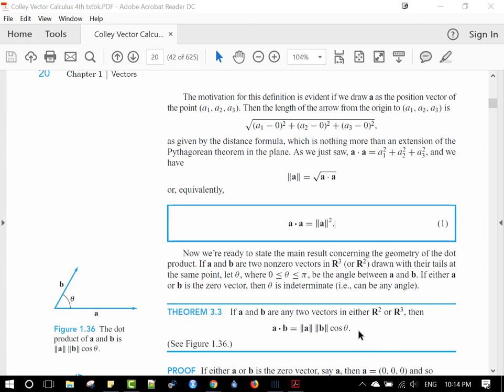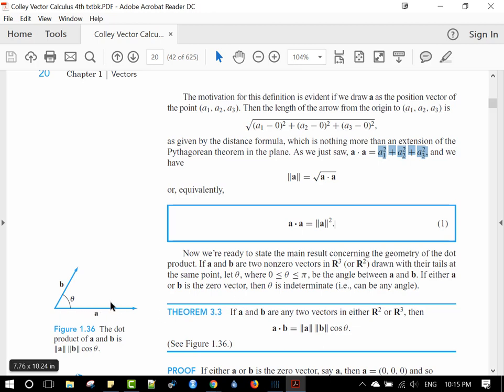But let's test this out in 2 simple examples. So suppose that A and B are the same. So then instead of A dot B, we have A dot A. We already know what A dot A is, right? And what's the angle between A and A? It's obviously 0.